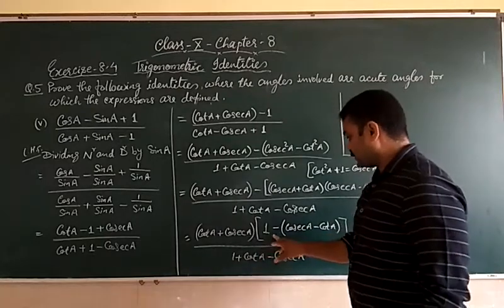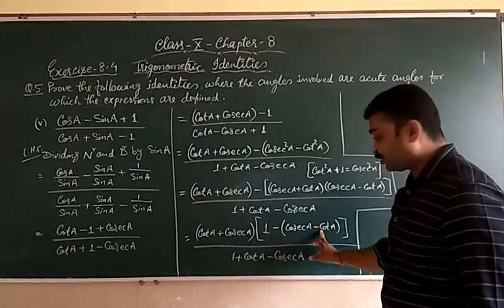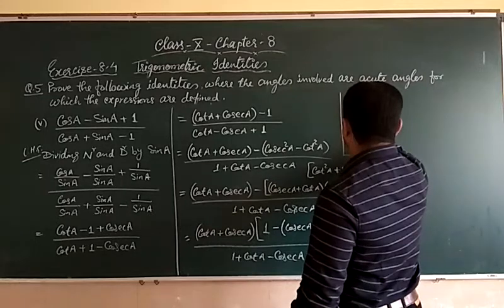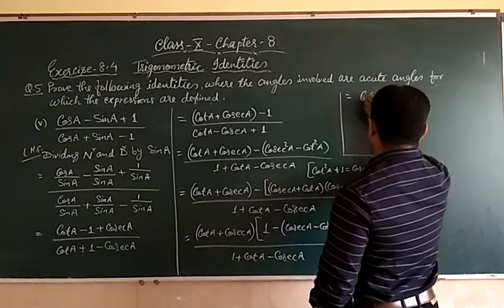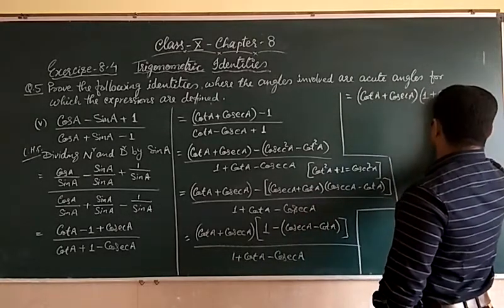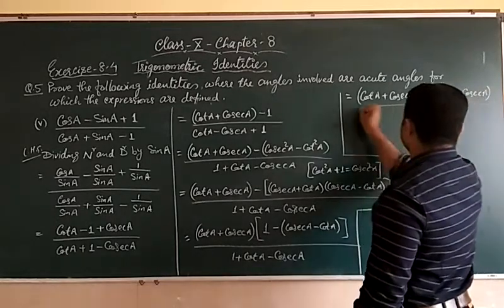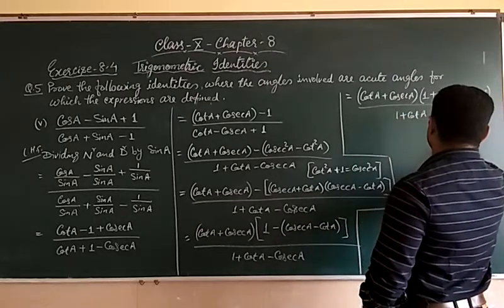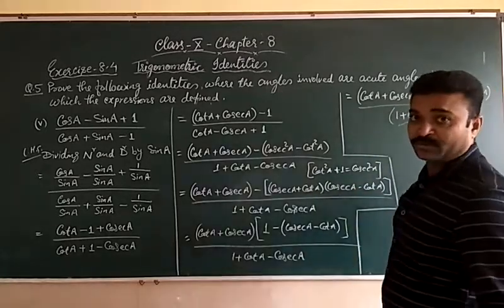Now after opening the bracket, we will write 1 plus cot A minus cosec A. So we can write here cot A plus cosec A in the first bracket, and in the second bracket 1 plus cot A minus cosec A, whole upon 1 plus cot A minus cosec A. This bracket and this bracket will cancel out from numerator and denominator.